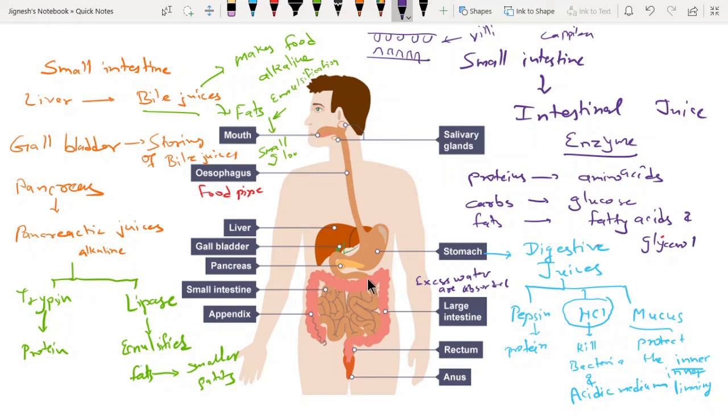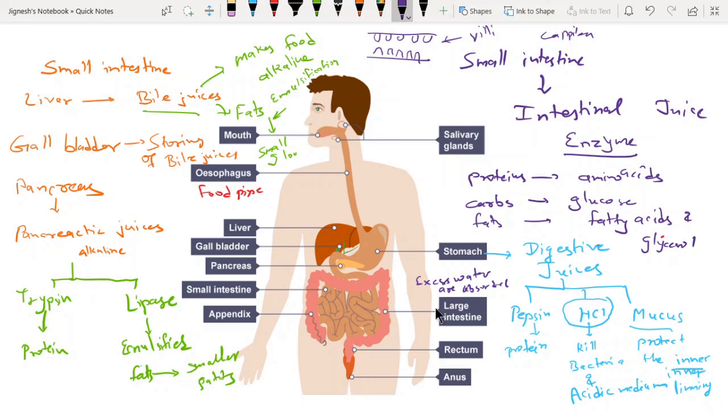When the excess water is absorbed, slowly and gradually the undigested food is stored in the rectum temporarily, and whenever the pressure increases, it is ejected. Ejection takes place through the muscles of the anus, which have anal sphincter muscles.